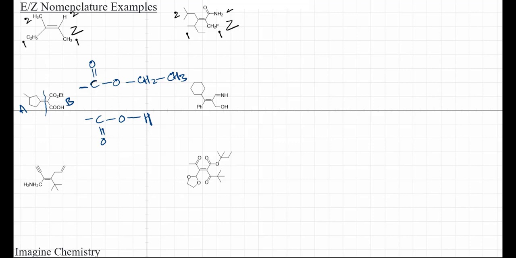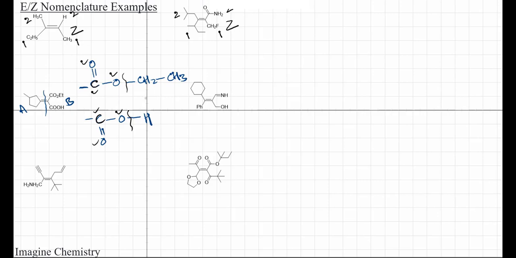Here the first point of attachment in both is the same. Both are attached to a carbonyl. Both are attached to oxygen through a double bond. Both are attached to oxygen on the single bond as well. So till this point, you cannot differentiate which has the higher priority. The first step is the same, second step is the same, third step is the same. So you move on. You keep taking steps further.